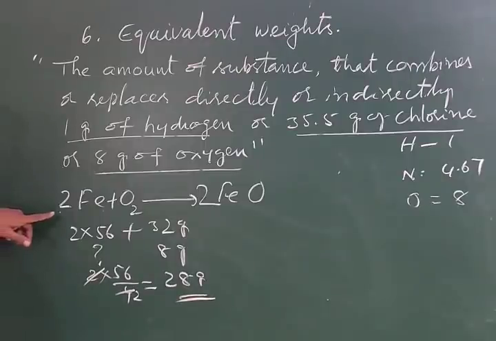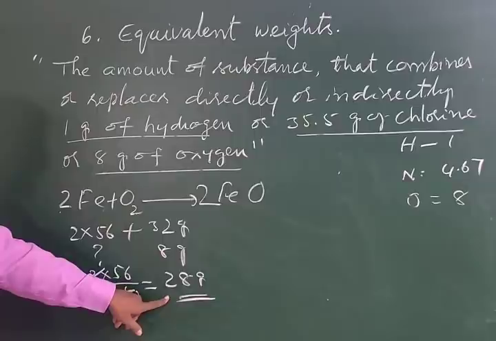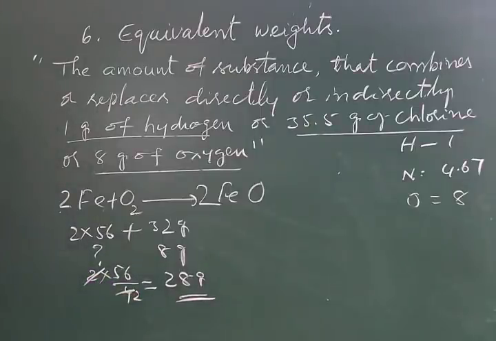But in the case of the formation of FeO, Fe is the element. For this element, equivalent weight is equal to 28. Okay? The equivalent weight of iron in the formation of iron oxide is 28 grams.